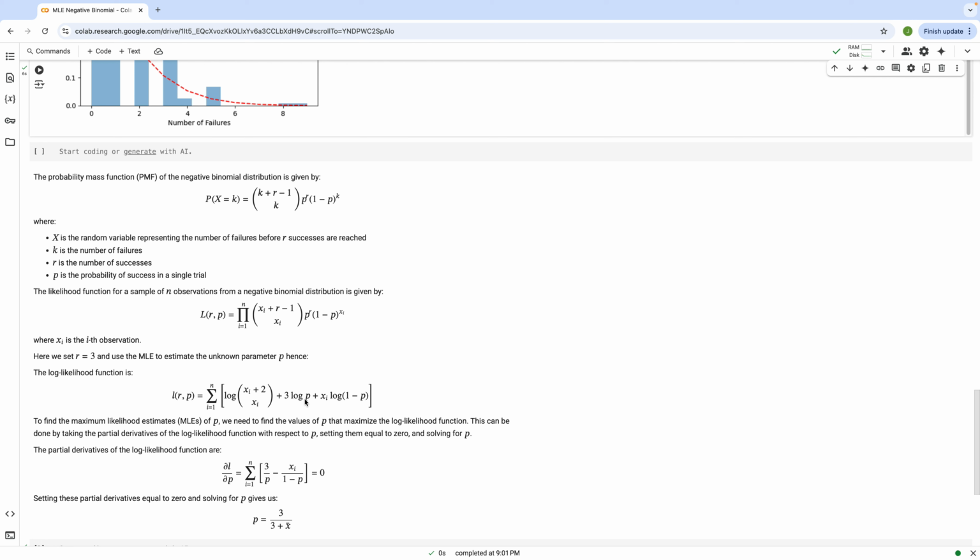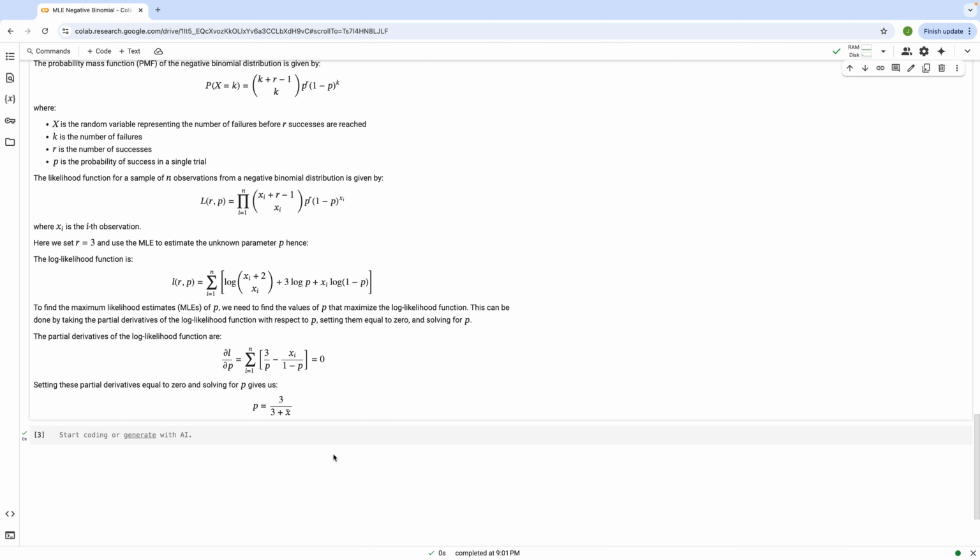When we differentiate it, keep in mind that this first piece is a constant. p is the unknown parameter. We take the partial with respect to it. The derivative of log of p is 1 over p. The derivative of log of 1 minus p is 1 over 1 minus p times negative 1. And that gives us precisely this.